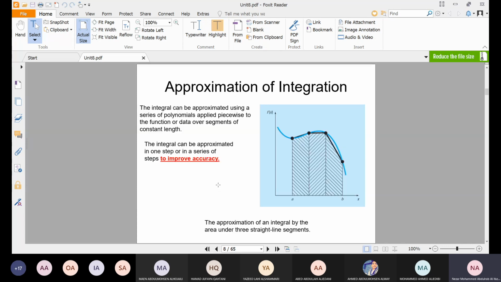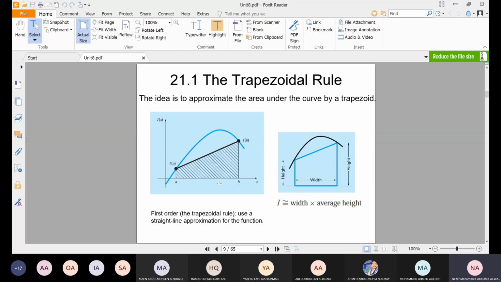Also in the last lecture, we talked about the trapezoid rule for a single segment, and how we can compute integration without direct computing of the integration by using the analytical solution. We can use this form of the trapezoid rule.